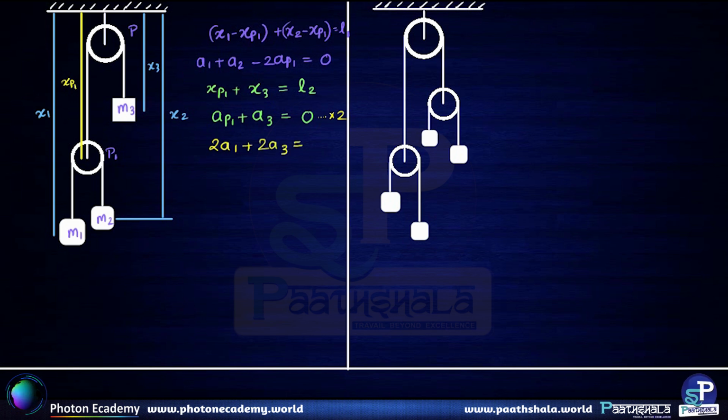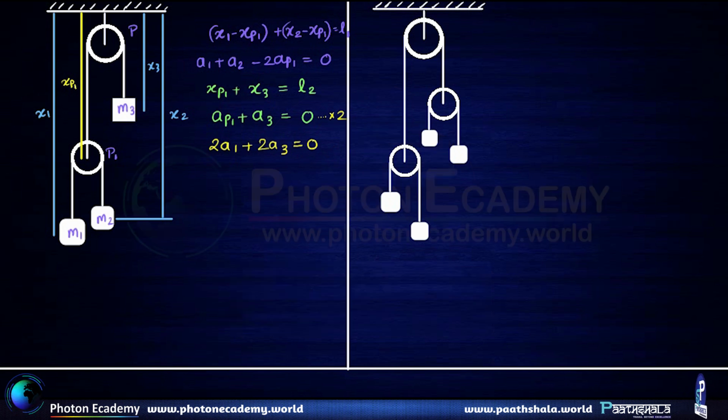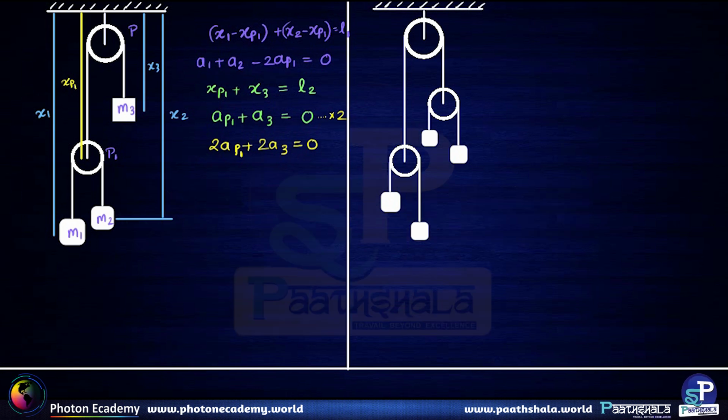Adding these two equations, this one and this one, we get the constraint motion relation.